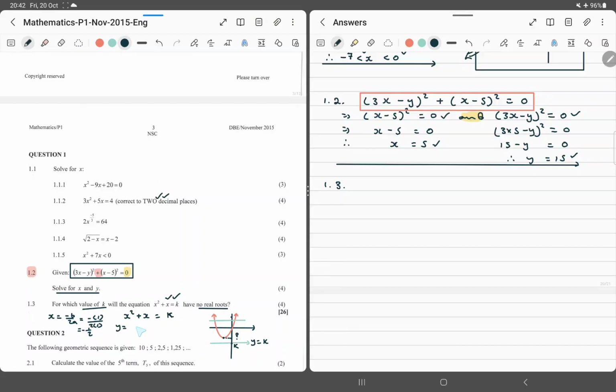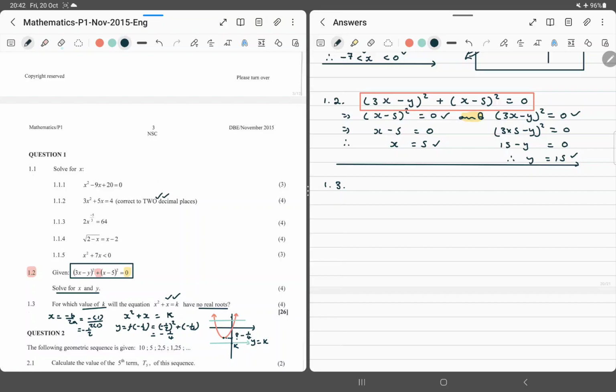That means the y value is going to be f of minus a half, which is minus a half squared plus minus a half. Okay, so that squared is 0.25. 0.25 minus this one leaves us minus 0.25, which is minus a quarter. So we've got minus a quarter here as our minimum value of our graph.